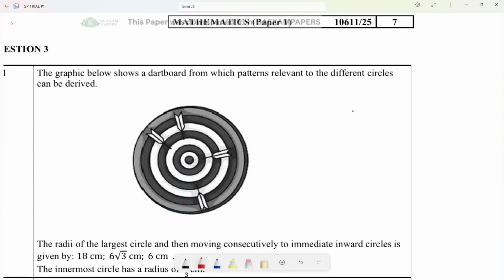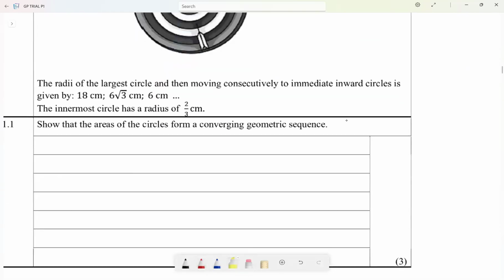So I think they're going to tell us the radii of the largest circle, and then moving consecutively to the immediate inward circle, is given by, okay, let's digest this English.